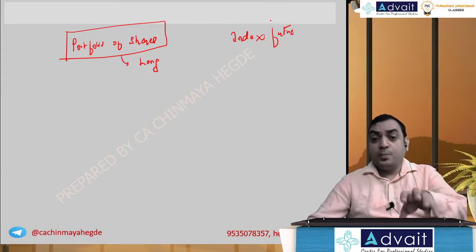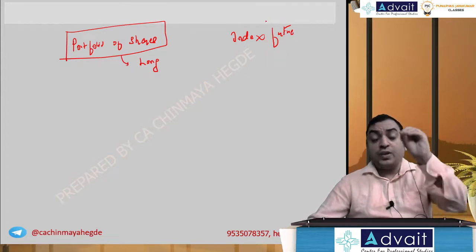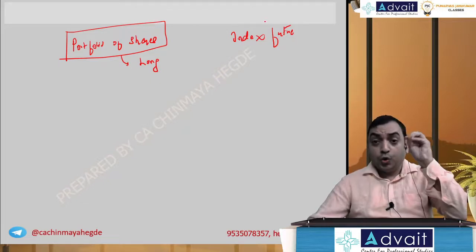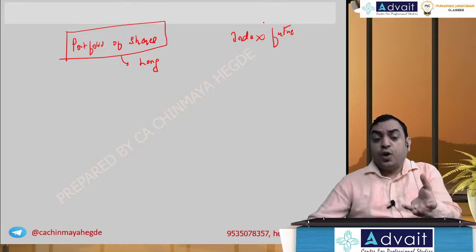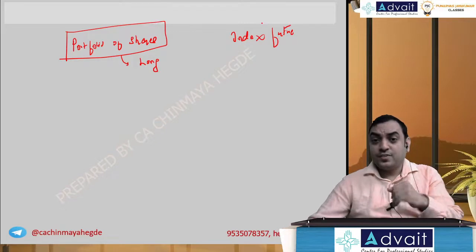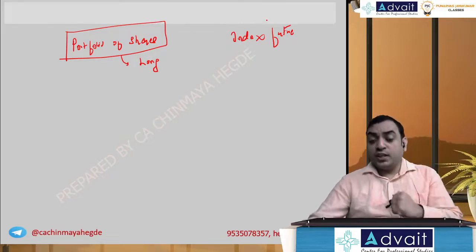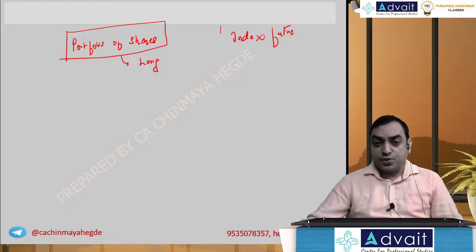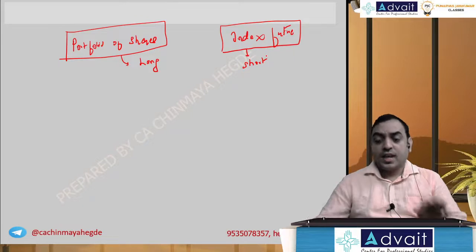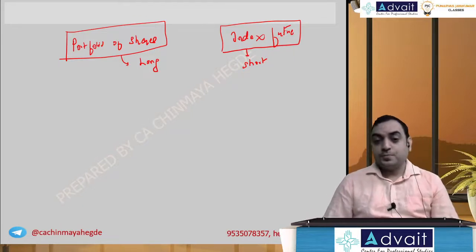And more importantly, more than stock future, index future will have good volume, good liquidity in the market. If you want to sell, somebody should buy it. So volume should be there, liquidity should be there. That is possible in index future. So here we are going to take a short position.